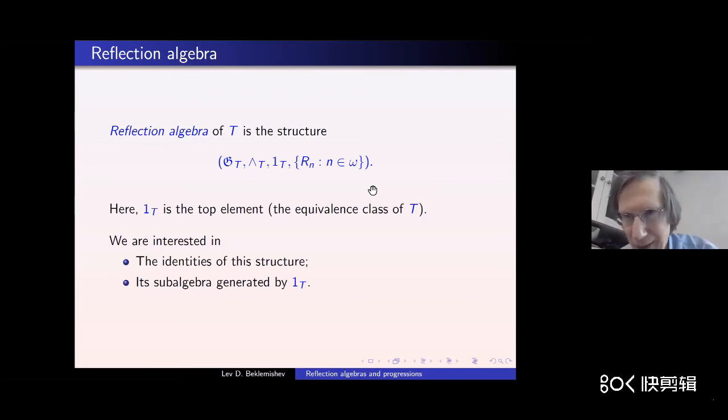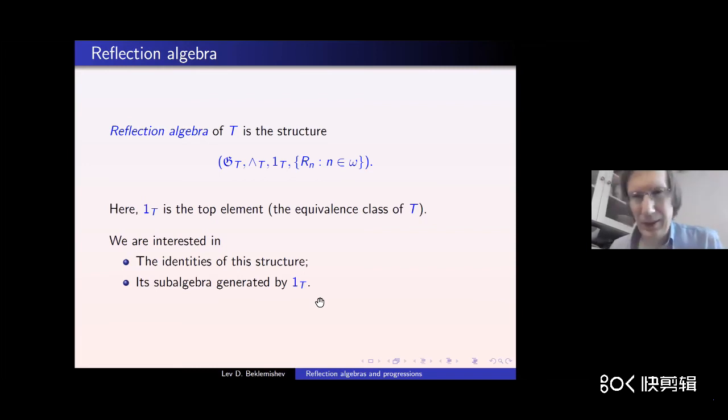What are the identities of this structure? In other words, what are the laws that govern the behavior of the operations of our structure? What is the system of identities that it satisfies? And what is the subalgebra generated by the constant?